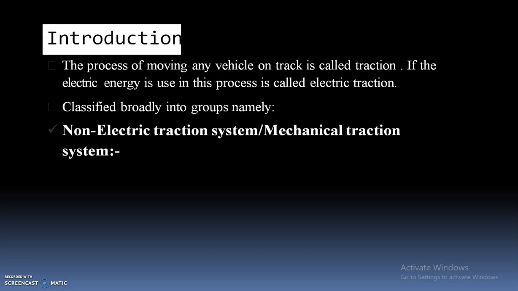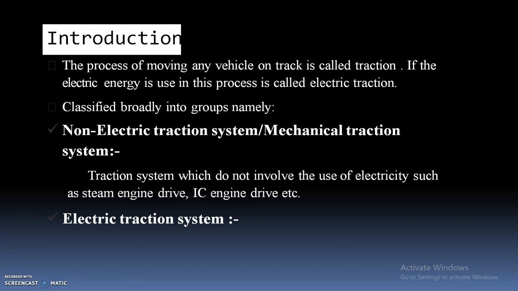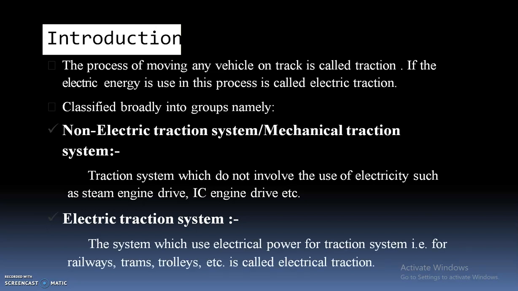The first is the non-electric traction system, that is the mechanical system, and the second one is the electric traction system. The non-electrical or mechanical system involves steam engines and IC engines, whereas electric traction is used by railways, trams, trolleybuses, etc.